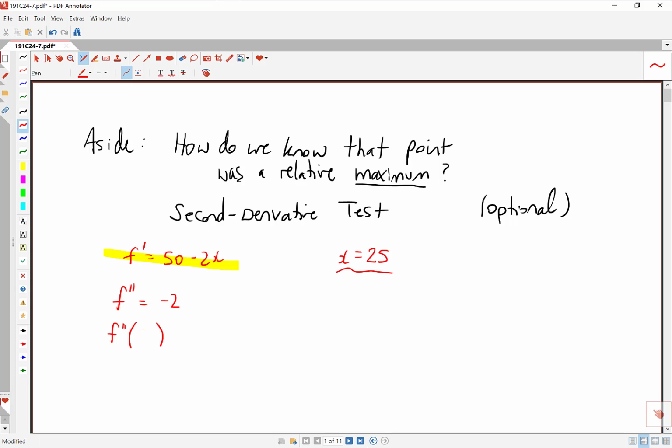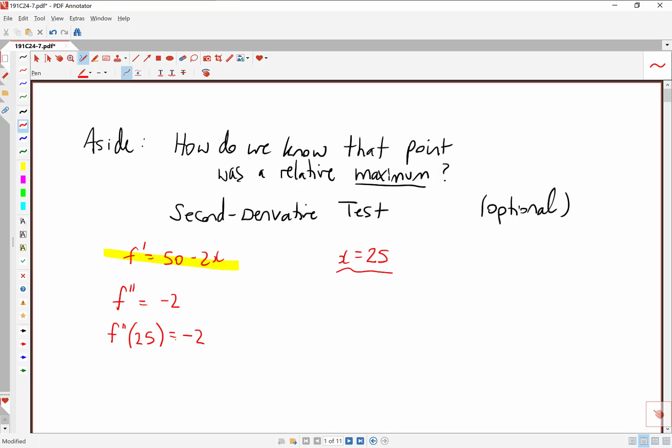So we found x to be 25, so we would plug that in. Now, in this particular problem, f double prime is constant. So no matter what x value you plug in, you're going to get -2. But that's not always the case. So sometimes your f double prime will involve an x. In that case, you're plugging in whatever your critical point is that you found.